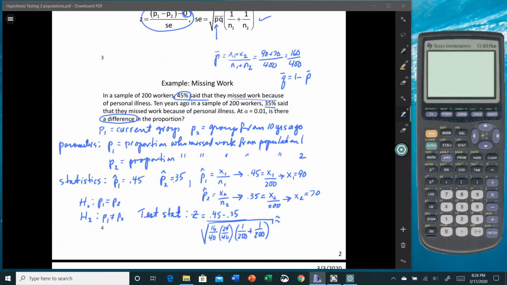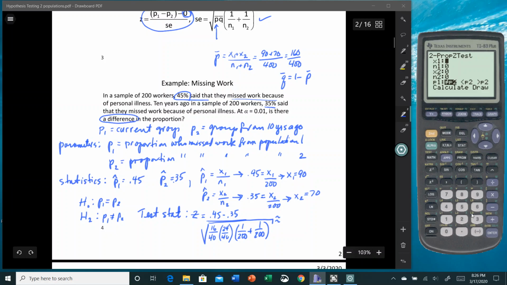If we turn this on, and I go to stat and tests, I want to do the two proportion Z test. I want choice 6. And in choice 6, we need to identify the number of favorable responses for each of the two populations.